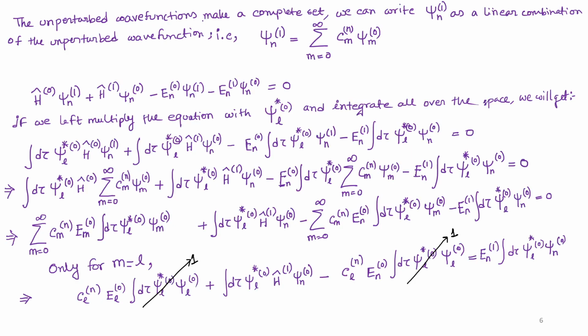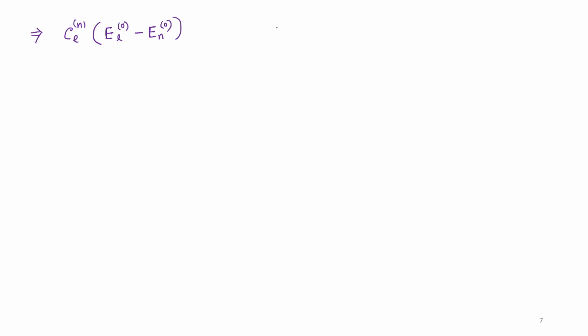So this is plus, right, plus d tau psi L 0th star of that first perturbation, and psi n 0th, I guess.